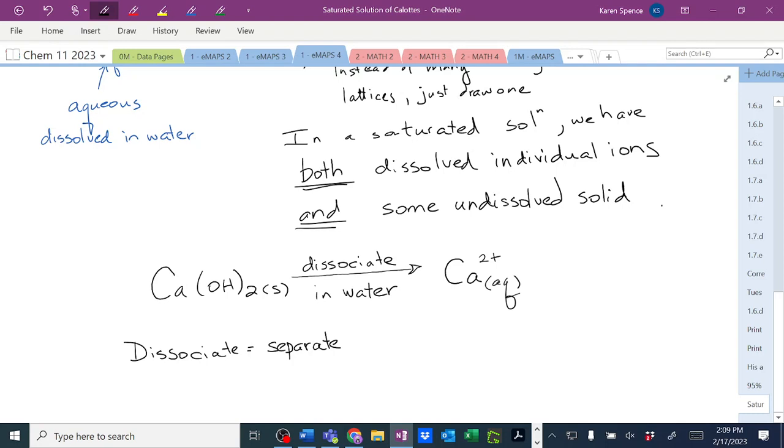So our other ion that we get, of course, is the hydroxide ion. And it is also aqueous. Can you think of a way of making that reaction, the way it is written, better? Can you make that reaction better?